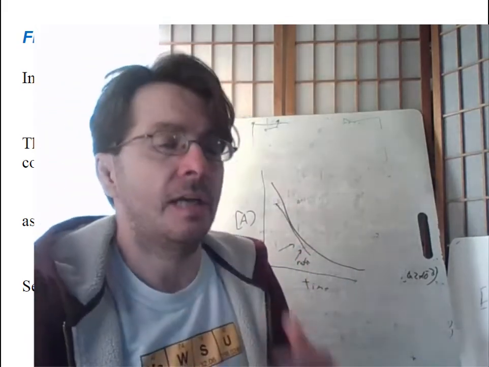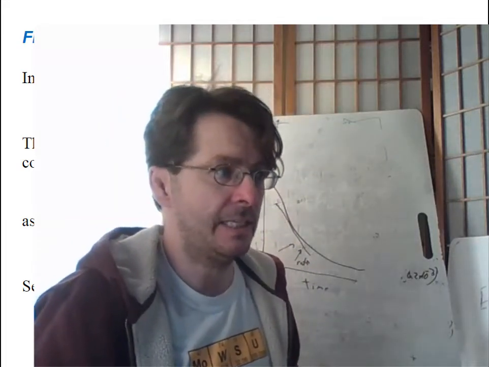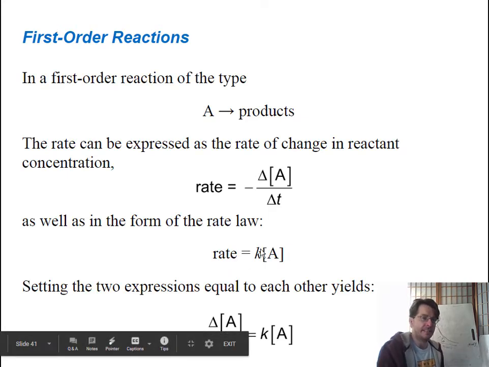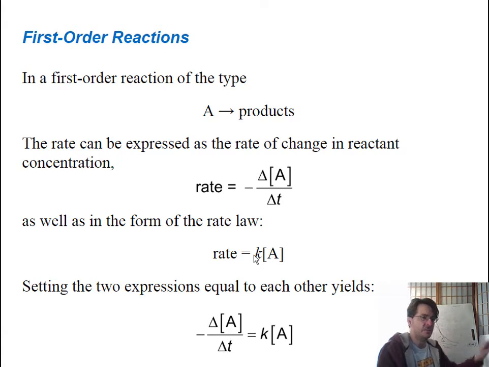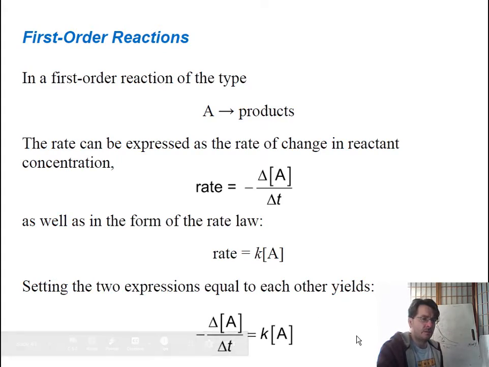Conversely, if we know the rate and the rate constant at a given time, we can figure out how much is going to be left at some future time. Because the rate is equal to k times the concentration, and so we can then predict into the future.